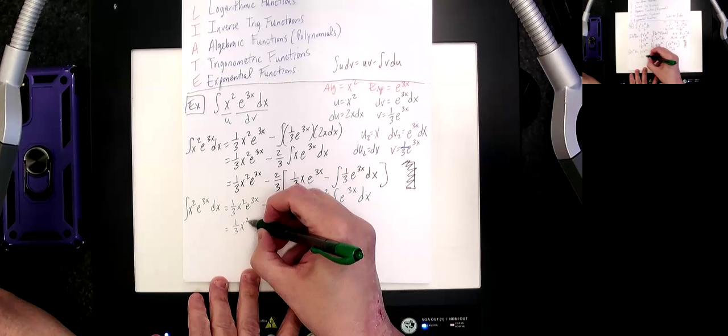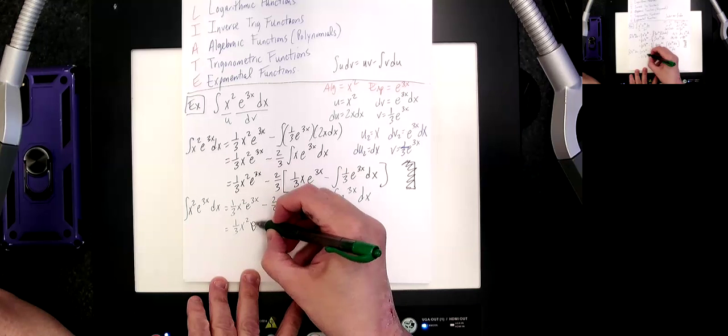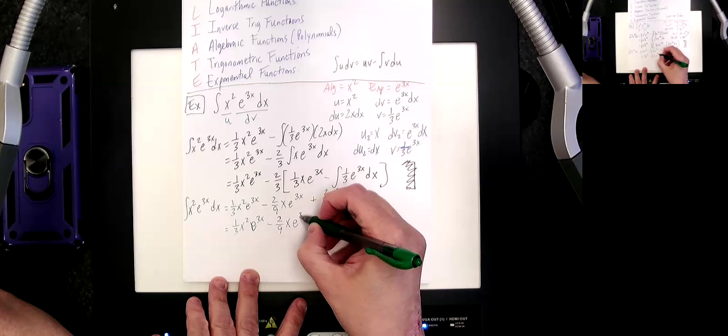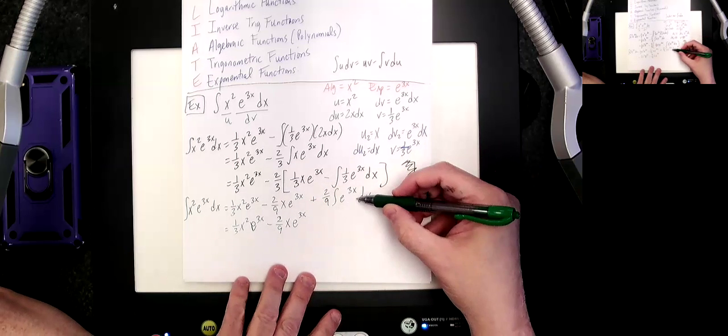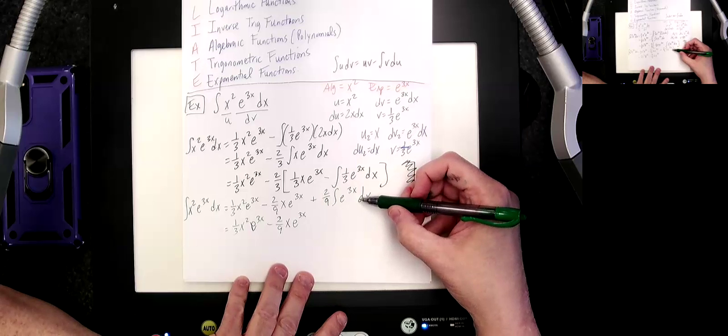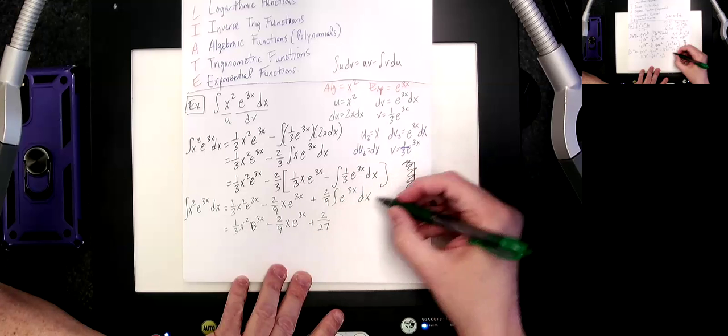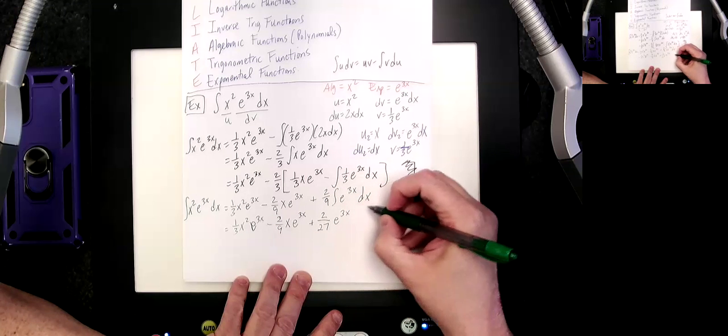And so we have 1/3 x squared e to the 3x minus 2/9 x e to the 3x. This is going to produce another 1/3 e to the 3x, which gives us plus 2/27 e to the 3x, plus a constant.